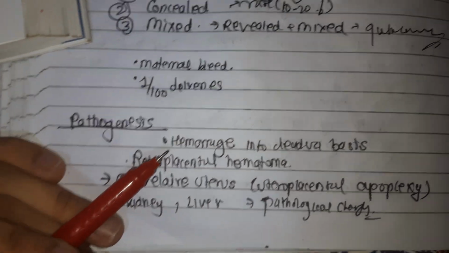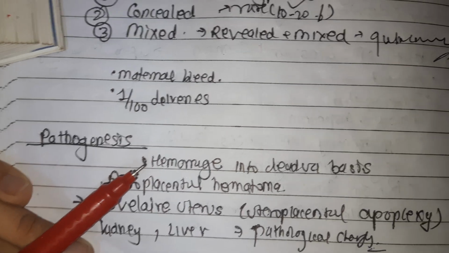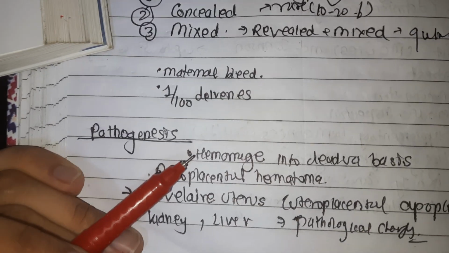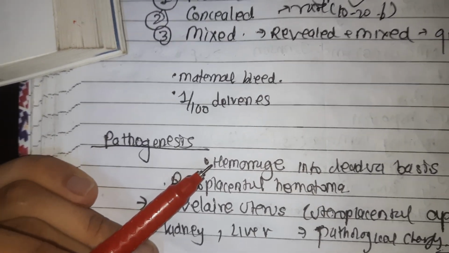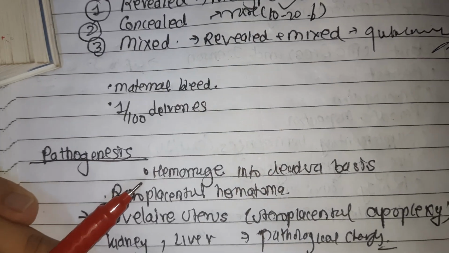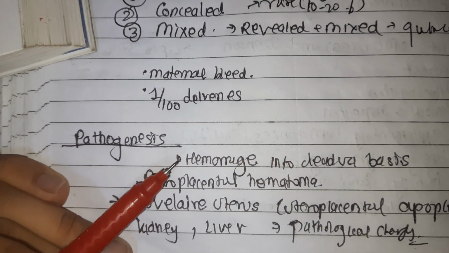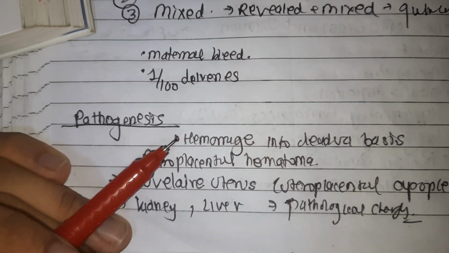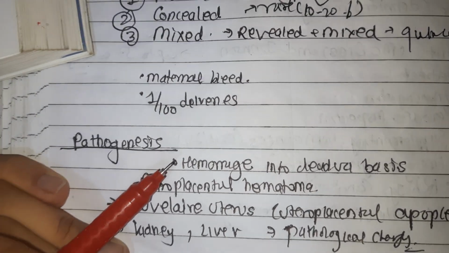Now, talking about pathogenesis, depending upon the various etiological factors, the premature placental separation is initiated by hemorrhage into the decidua basalis. The collected blood, also known as decidual hematoma, at an early phase hardly produces any morbid pathological changes in the uterine wall or placenta.